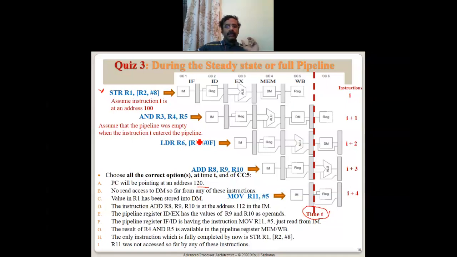Here I said that this instruction is at 100. I also told you PC plus 4 is done every cycle. So this instruction is at 104, this is at 108, this is 112. This is a decimal number.